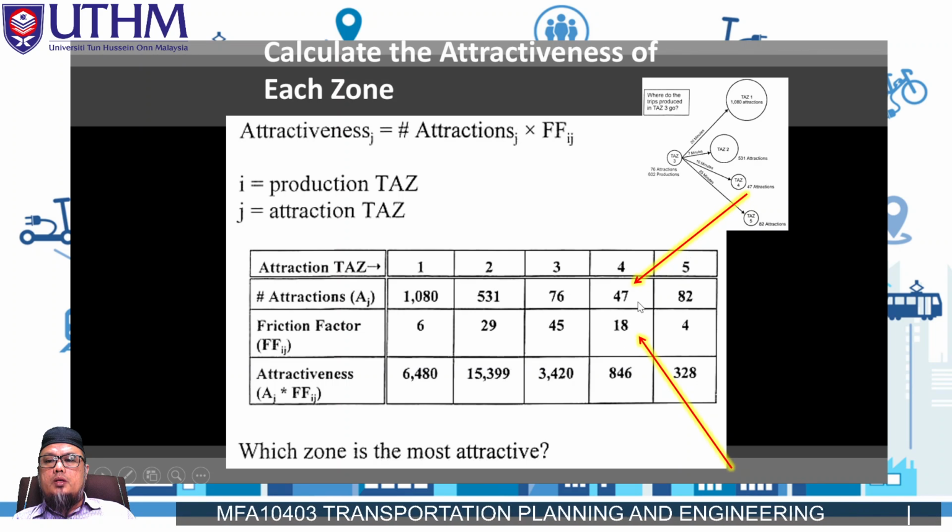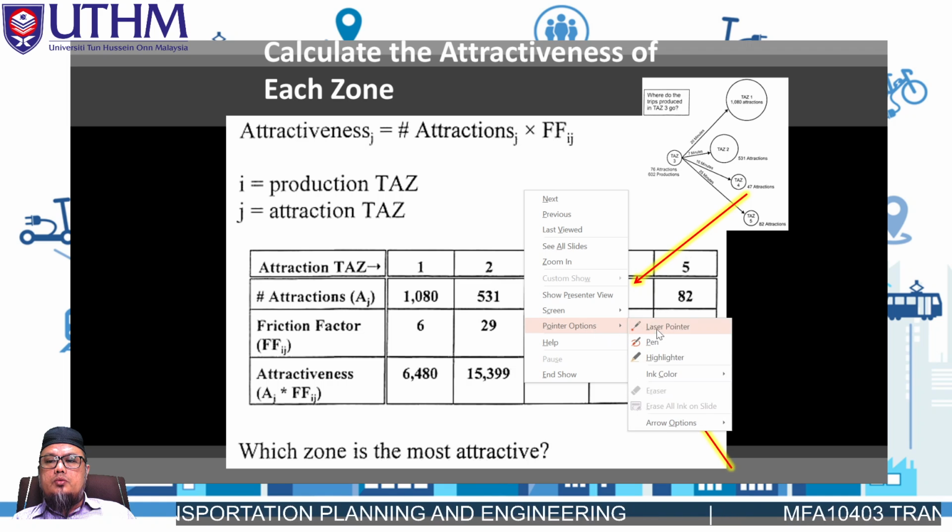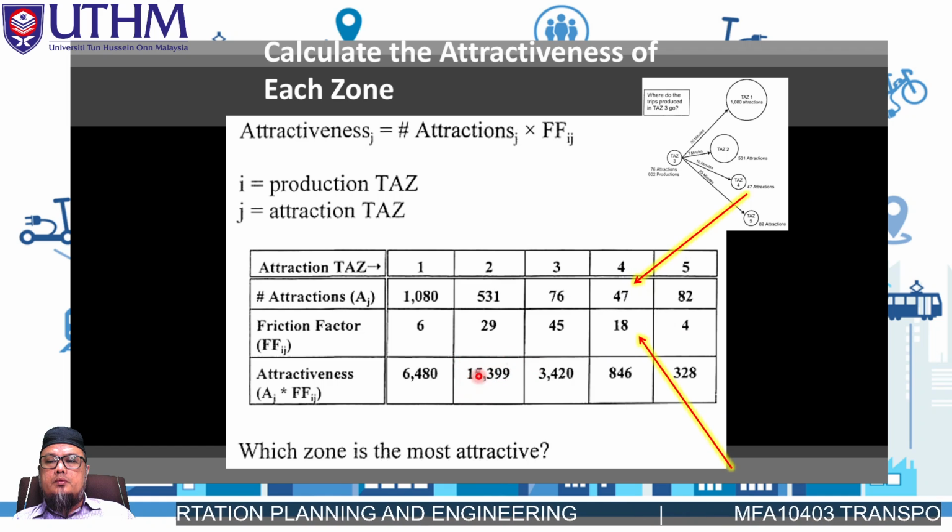So from here we can insert the value for friction factor, but this is not an indicator for the attractive zone. The attractive zone is actually here. This is just an example to relate from this figure to this data.